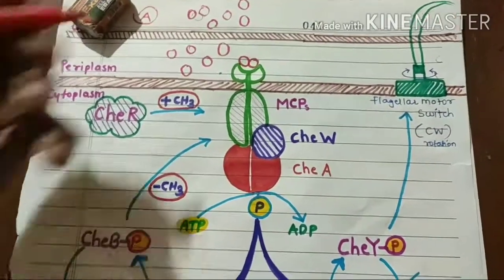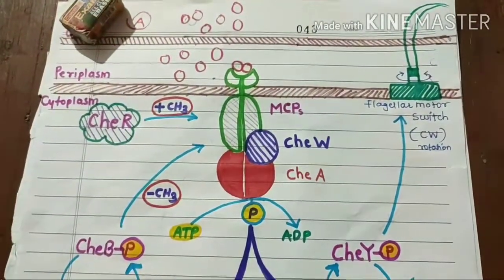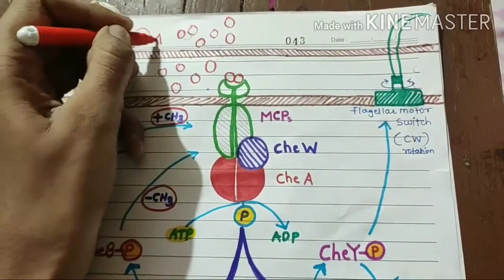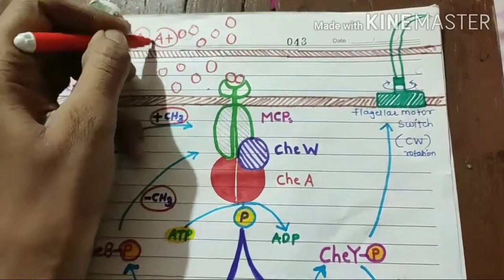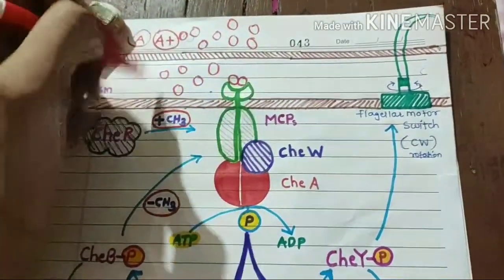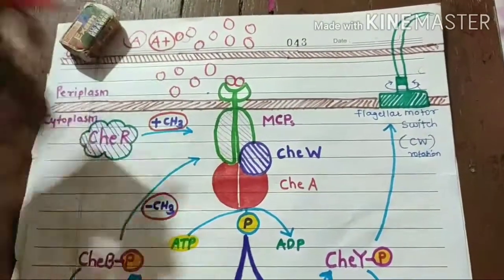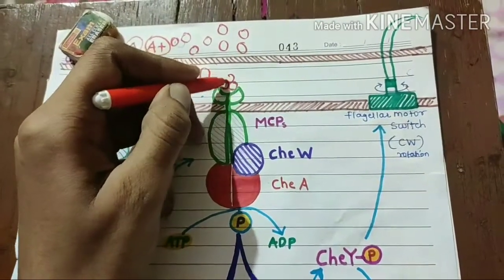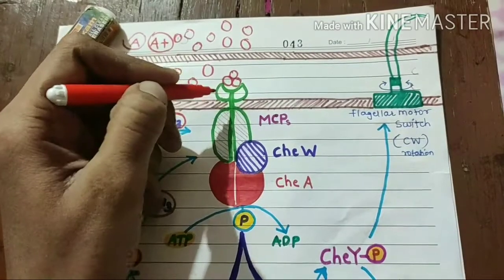And now if the cell tumbles and goes into a higher concentration of attractant, okay, so for example, suppose there is A plus concentration of attractants, so there will be more attractants, and here in the periplasm also there will be more attractants, so more and more attractants will come and they will bind to the MCP protein.